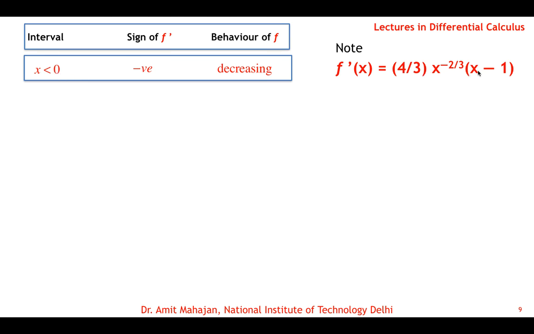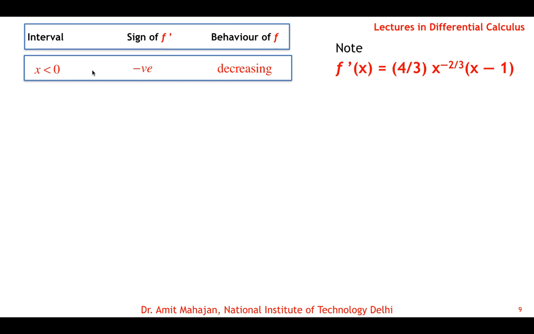Whenever x is less than 0, that means negative, the quantity x minus 1 will be negative, and this quantity will be positive, so the product will be negative. So the slope of the function will be negative, or the sign of f dash will be negative. So the function is decreasing in minus infinity to 0.